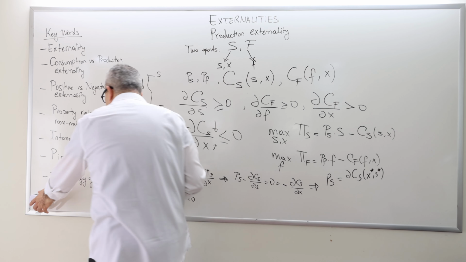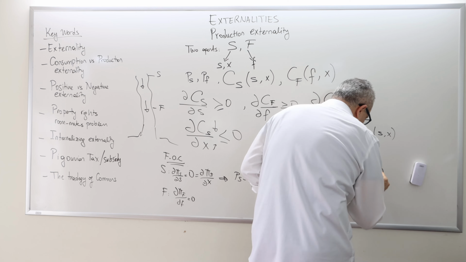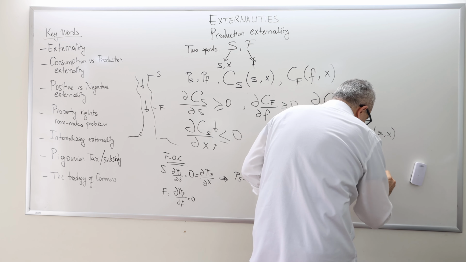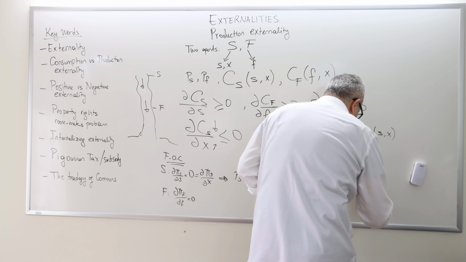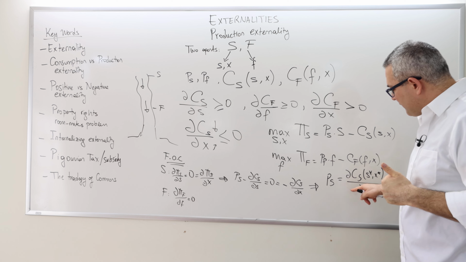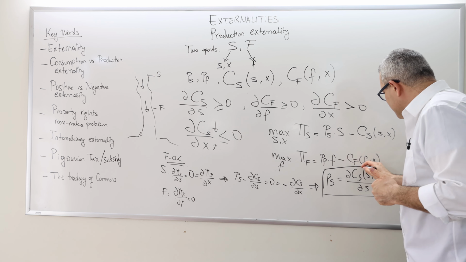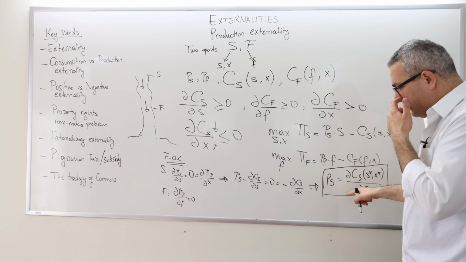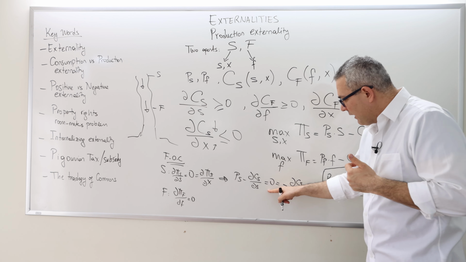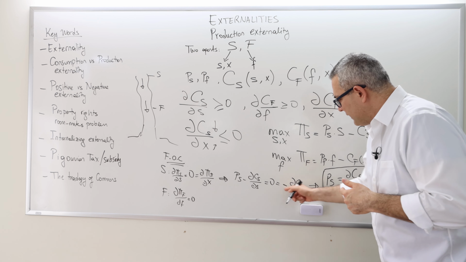That doesn't matter, but let's be consistent in notation: S star, X star. So the price of steel has to satisfy this equality, and S star and X star should solve it. At the same time, we have this other equality, which is the minus and the 0.